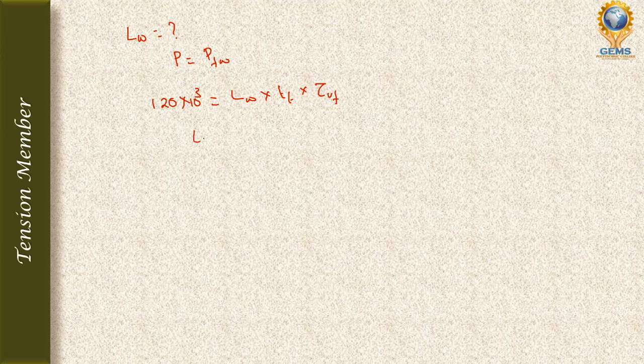So LW is equal to 120 into 10 to the power 3 divided by the effective throat thickness 2.12 into 108. So our LW value is equal to 524.12 mm.